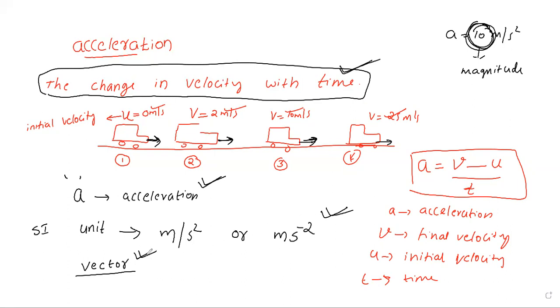It is a vector quantity. And what about the equation? a is equal to v minus u divided by t. Here a is the acceleration, v is the final velocity, u is the initial velocity, and t is the time.